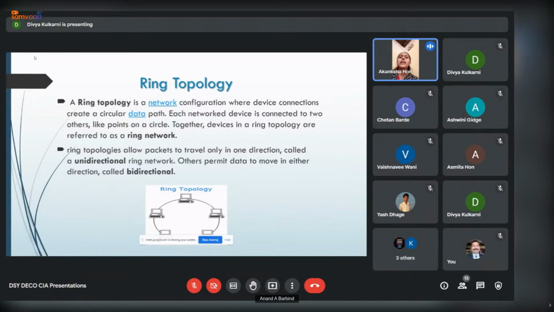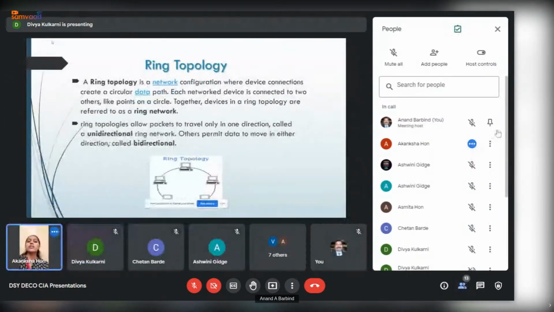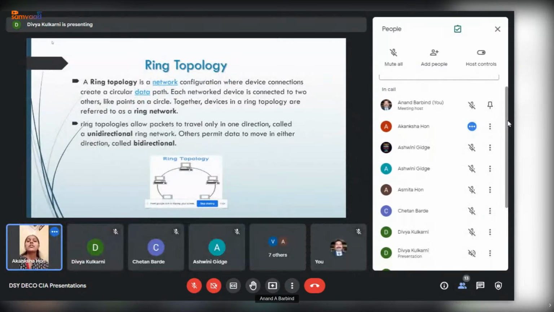It has some drawbacks, like one break in a single cable can cause the entire network to fail. Second, it is slower than the LAN. Third, addition and removal of any node is quite difficult.